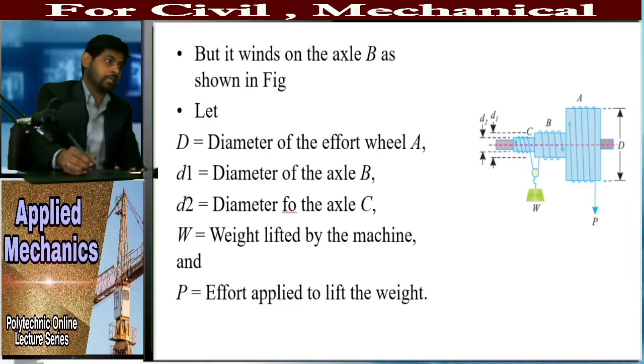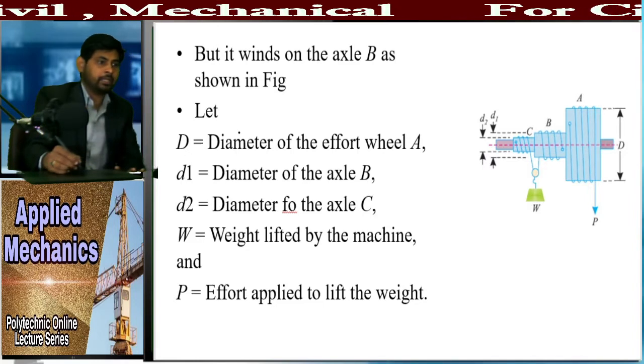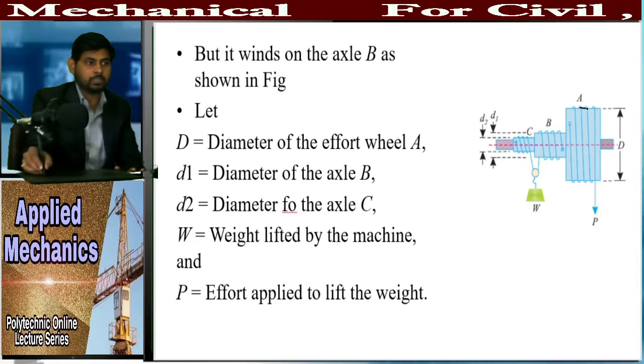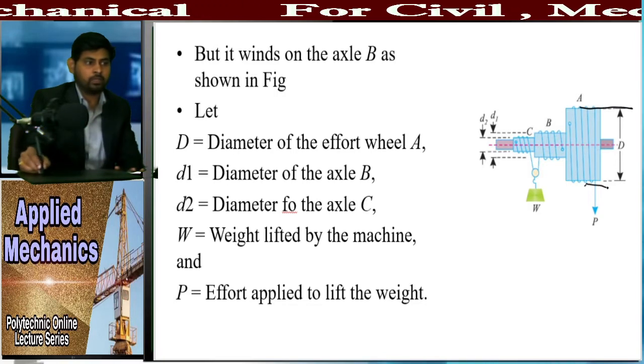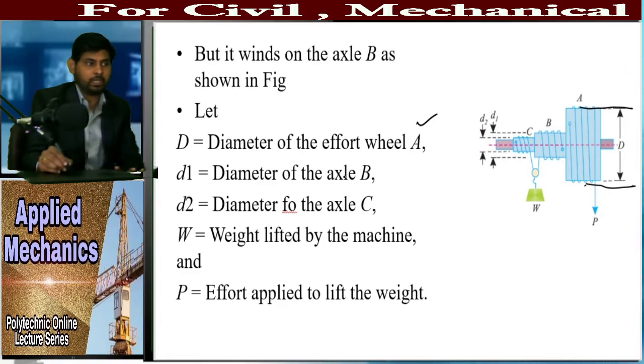Now you can see here, like in a simple wheel and axle, the diameter D is nothing but the diameter of the wheel. This is similar to the simple wheel and axle, that is the diameter of the wheel.